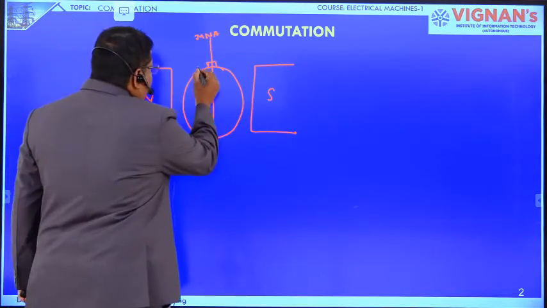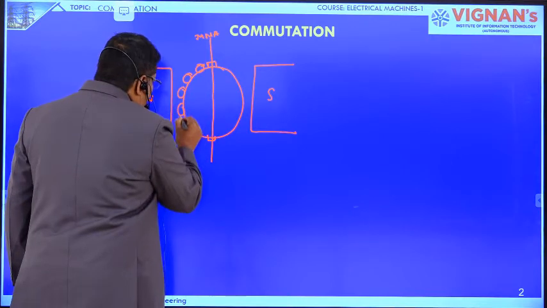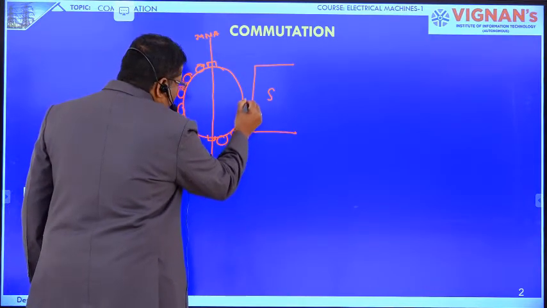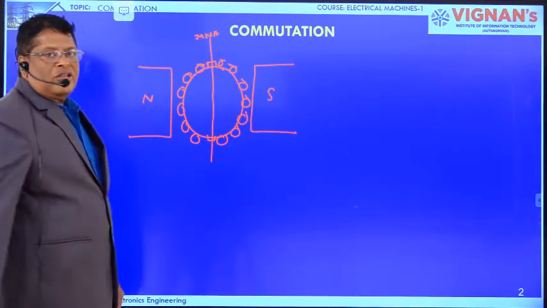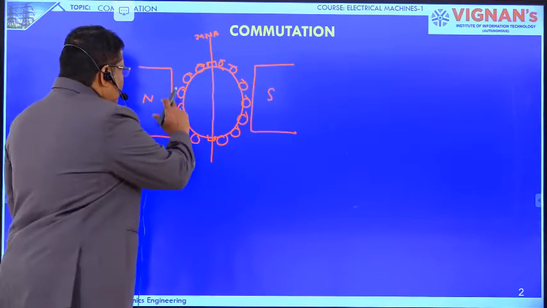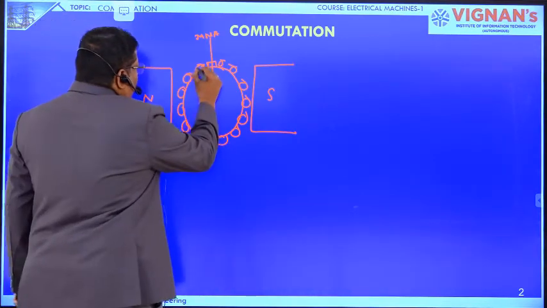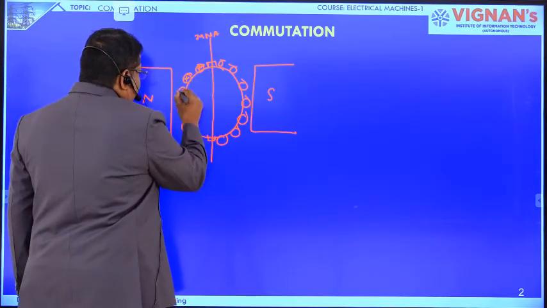See here, on this side there are some conductors, armature conductors, which are carrying current. Under the south pole also some conductors are there. The conductors lying under the north pole carry current going into the board, which we represent as a cross.